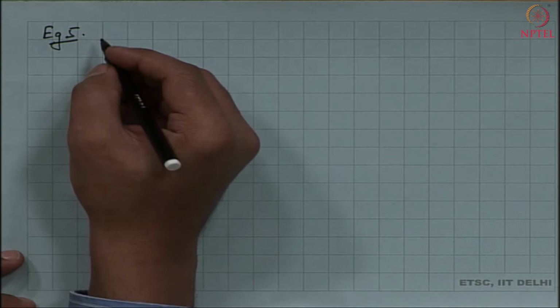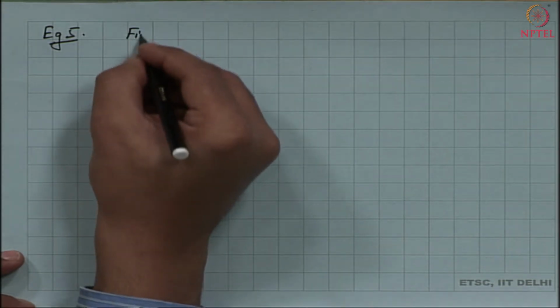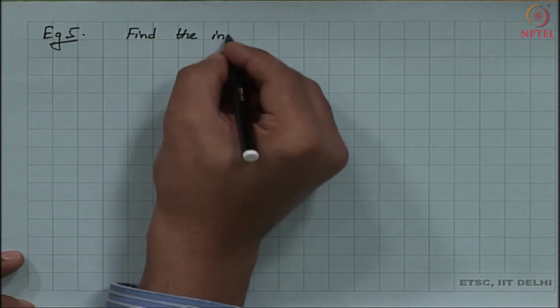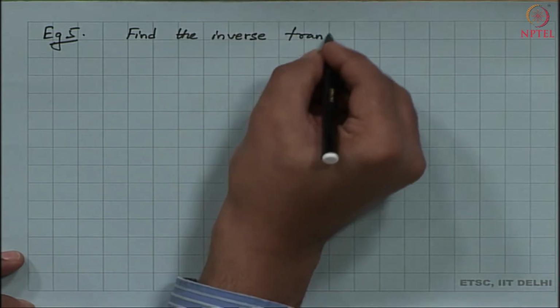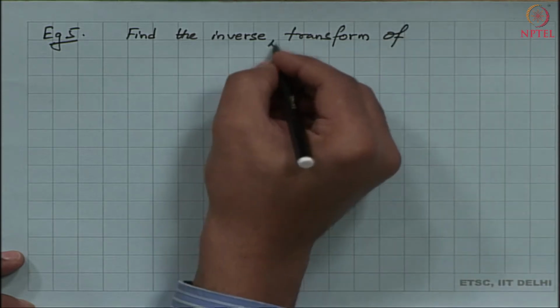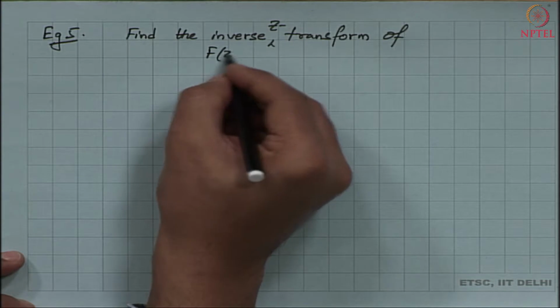So, the fifth example tells me that find the inverse Z transform of the following function.